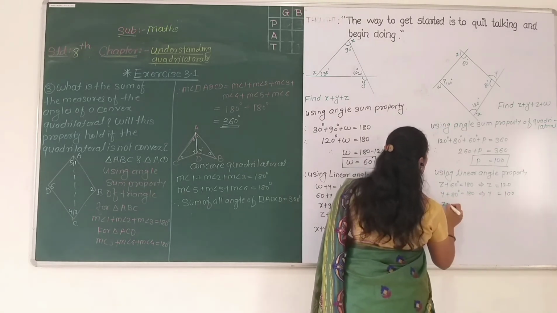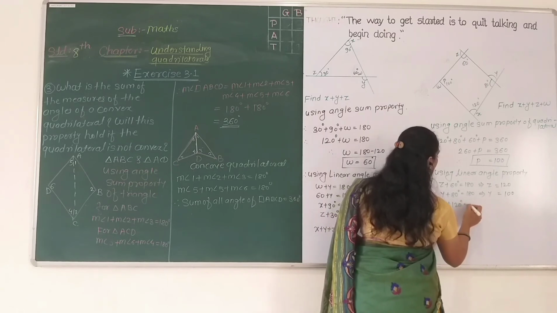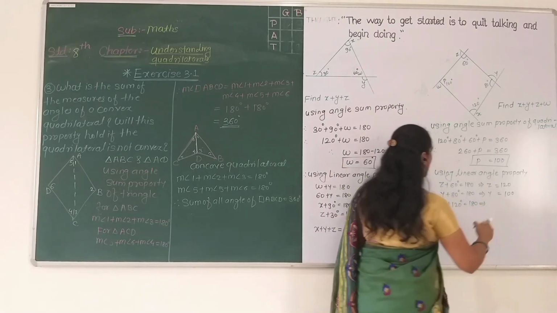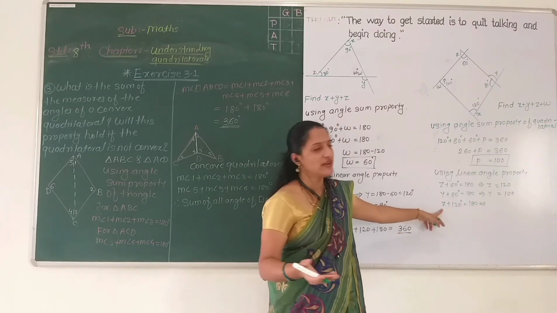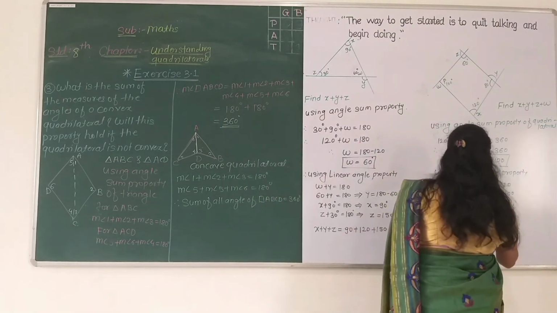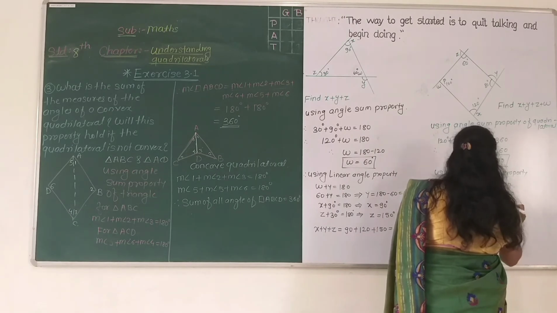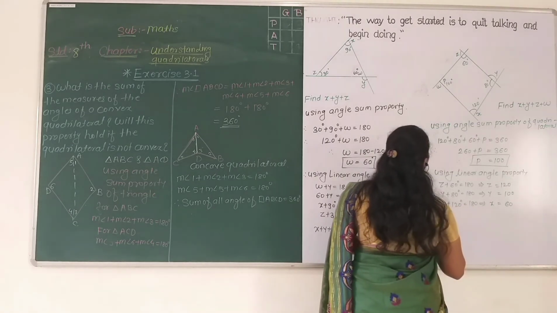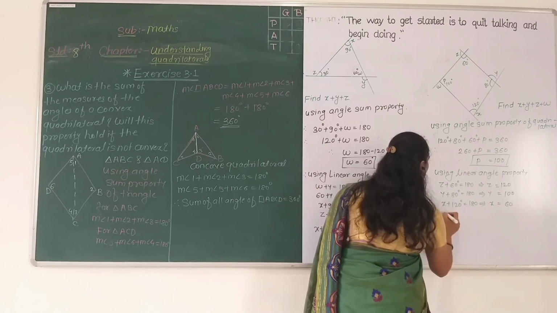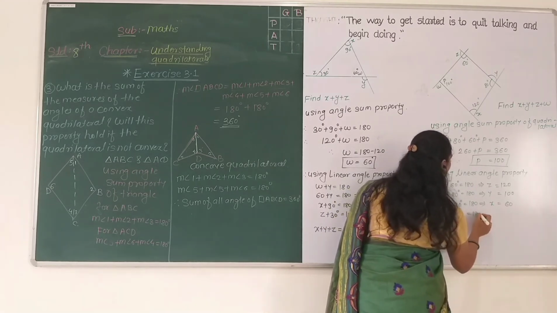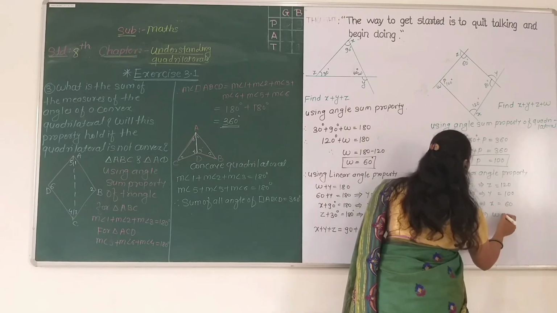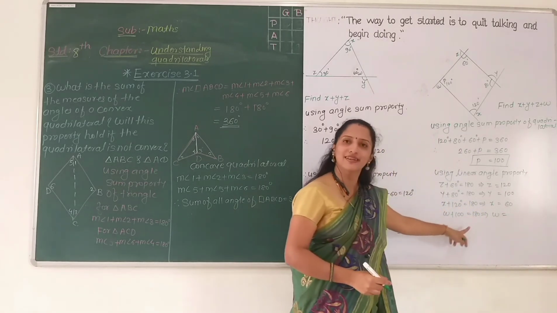Next one is x plus 120 degrees is equal to 180. Now tell me, what is the value of x? Right, 180 minus 120. So it is 60 degrees. So here x is equal to 60 degrees. And the last one is what? Yes, w plus p, the value of p is 100 here. So w plus 100 is equal to 180, which implies the value of w is 180 minus 100.